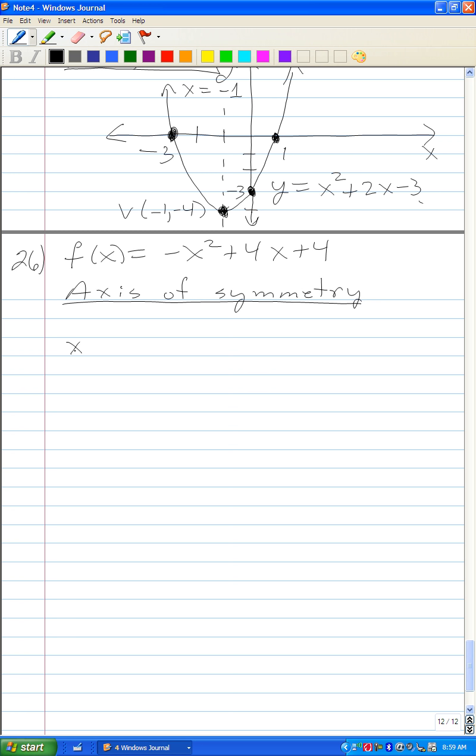And so x is equal to negative b over 2a. So in this case, b is 4, a is negative 1. So the negatives cancel, and 4 divided by 2 is 2. And so I get here that x is equal to 2. That's my axis of symmetry.